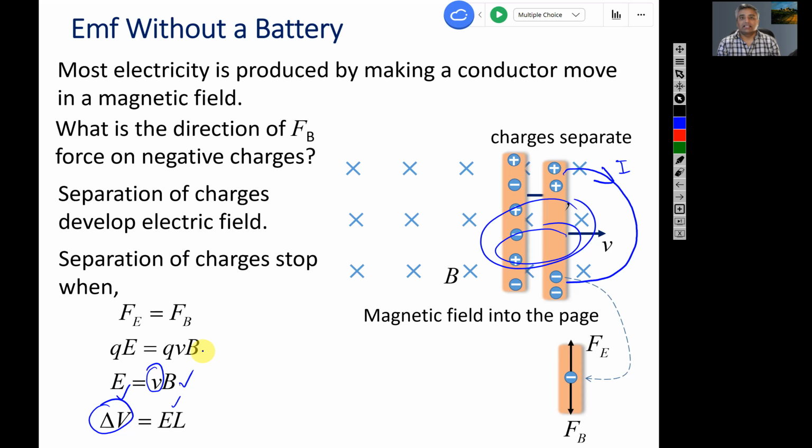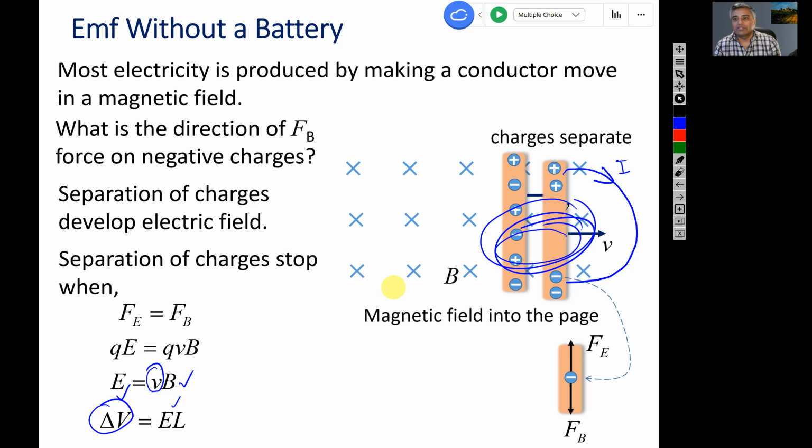The larger the electric field you want, the faster the wire has to be moving, and the stronger the magnetic field has to be. We can put in a large magnet with a larger magnetic field, but we need to set this wire into motion. The wire has to be moving so that the charge is also moving. That's how much potential difference we generate.